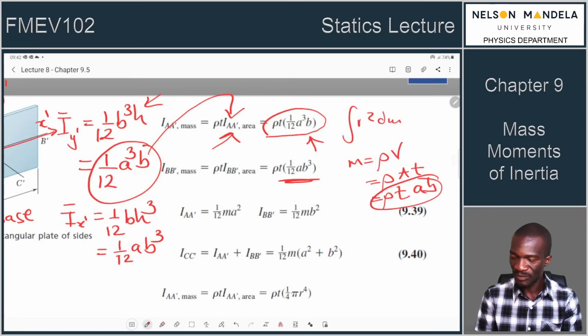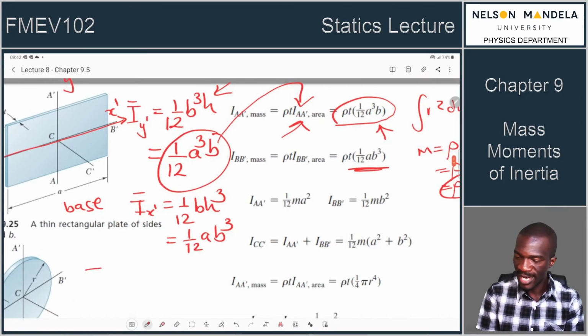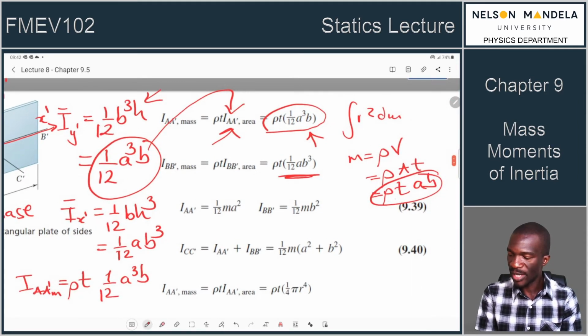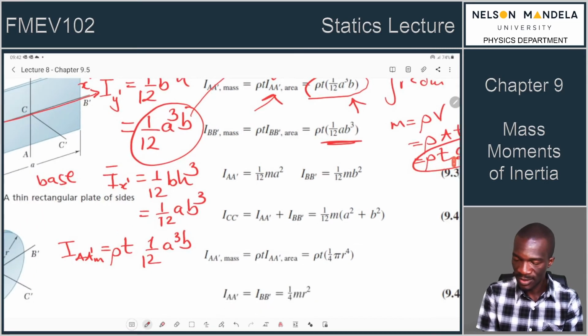So this means where we had I mass being equal to rho t I area, let's now write it as rho t multiplied by a 12th of a cubed b. We want to take away ab, isn't it? So that will be equal to rho t ab multiplied by 1/12.